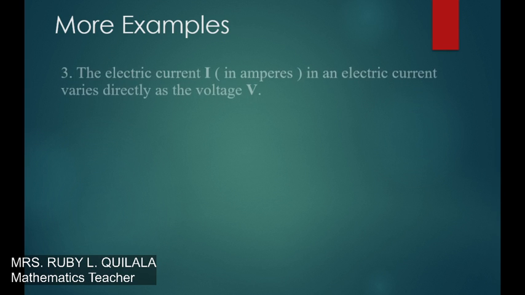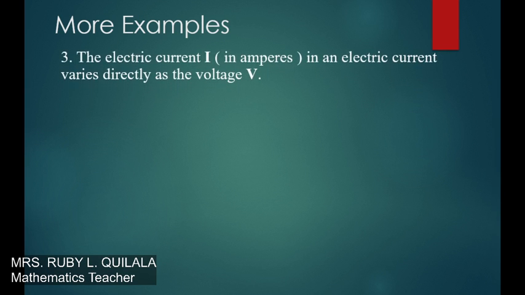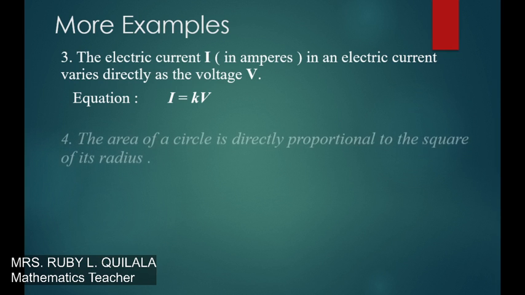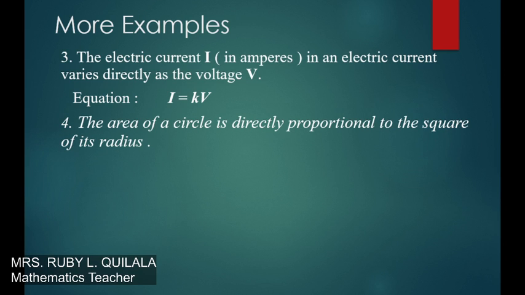Let's have more examples. Number 3, electric current I in amperes in an electric circuit varies directly as the voltage V. The equation for this also is I is equal to KV. Number 4, the area of the circle is directly proportional to the square of its radius.